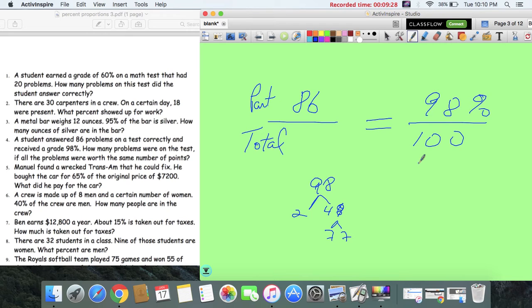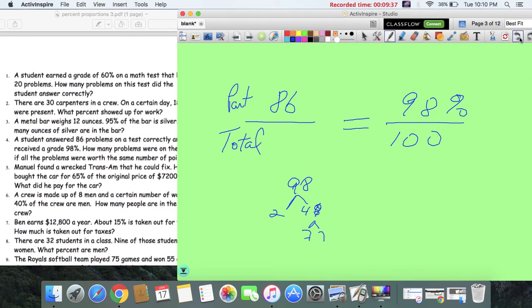Okay, so our other choice is to make it bigger. I'm not going to like this, to be honest with you, unless I'm missing something.